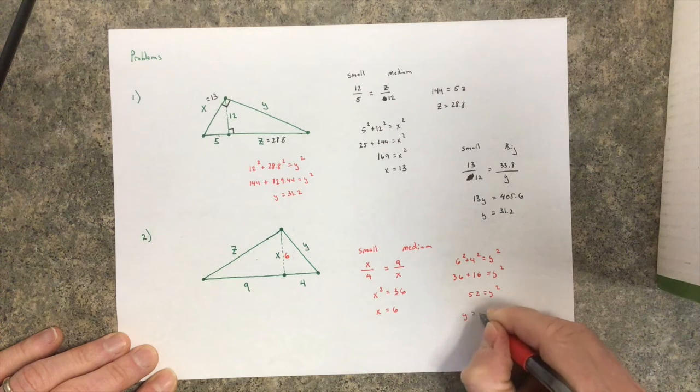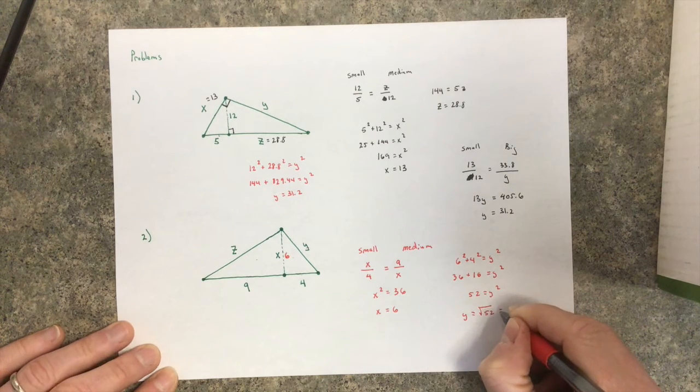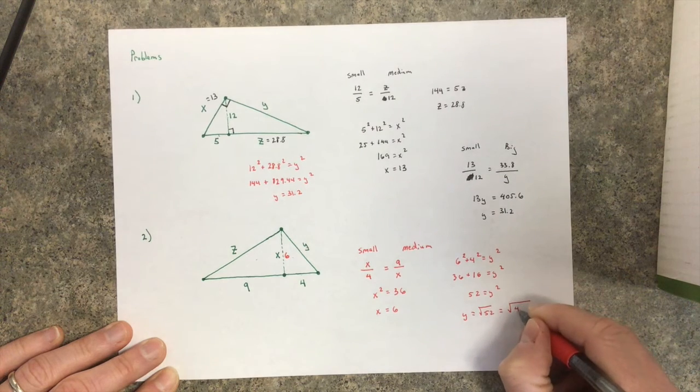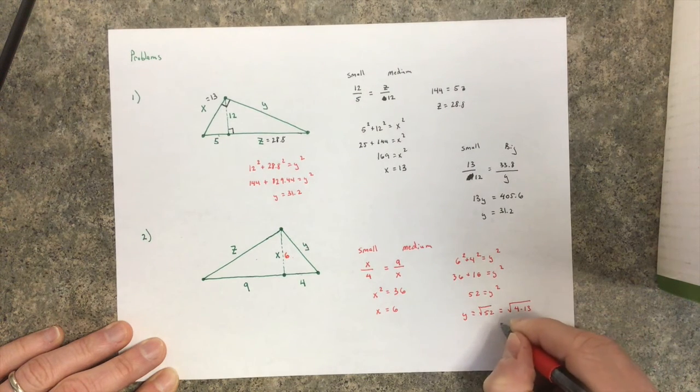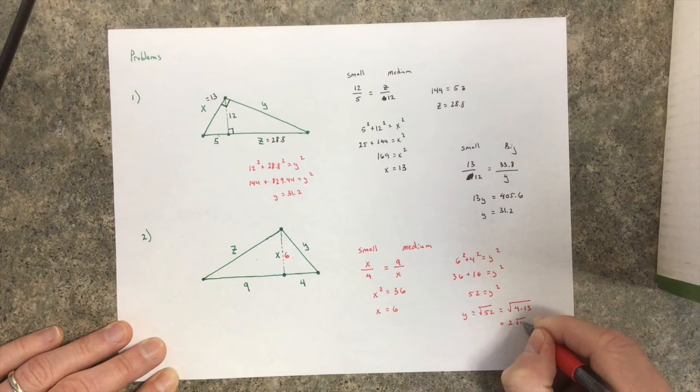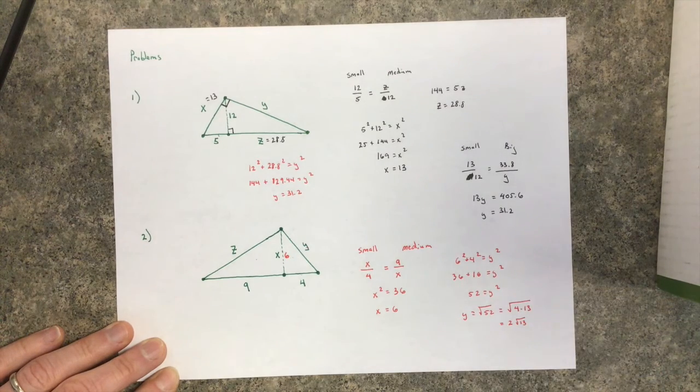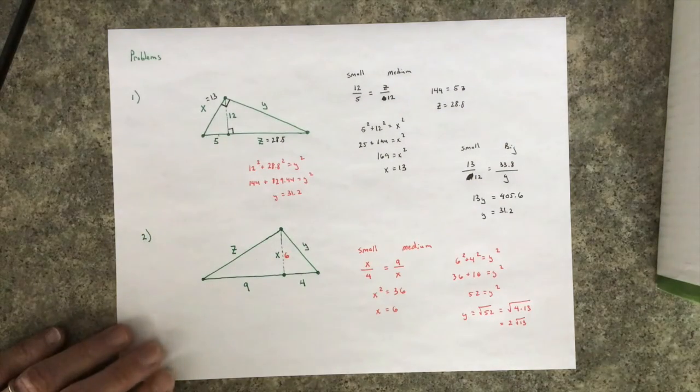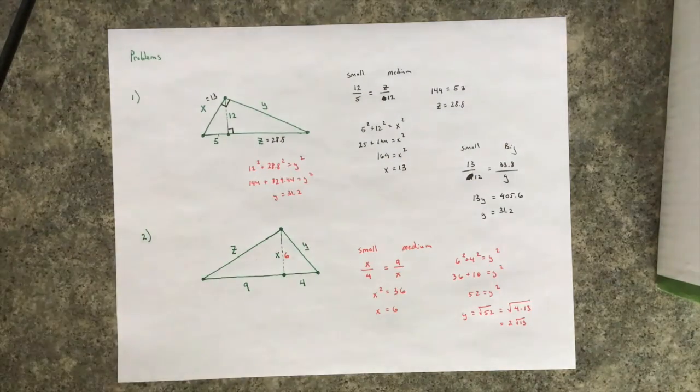So y equals the square root of 52, and actually I can even break that down exact if I wanted to, because that's 4 times 13, and I get 2 square root of 13. As a decimal, if that's what you were looking for, 2 square root of 13 is right around 7.21.